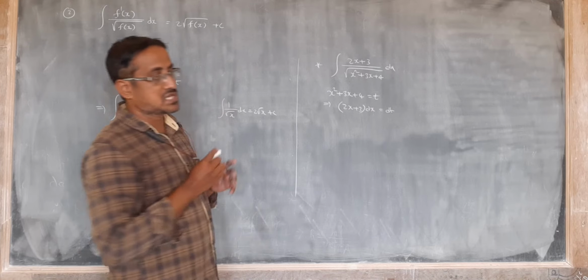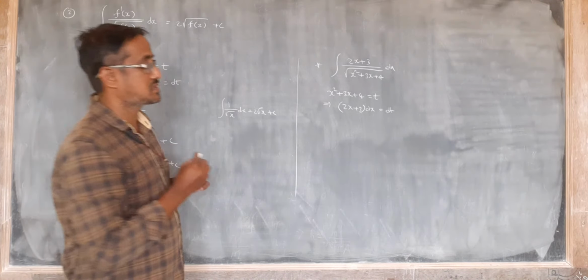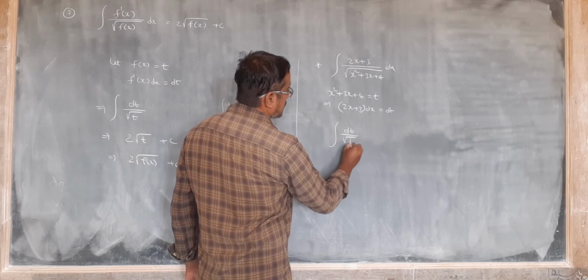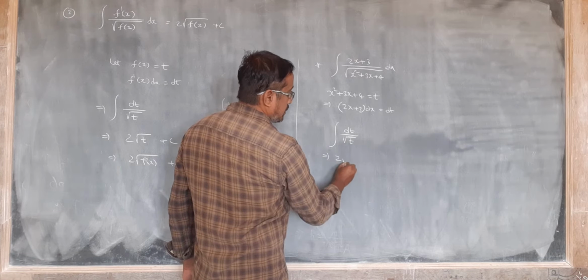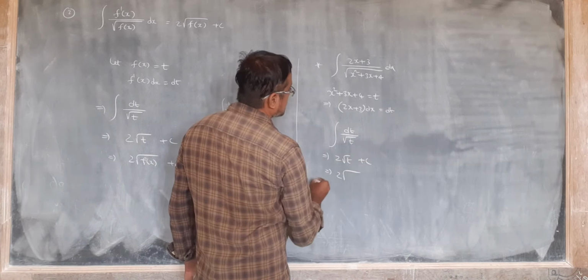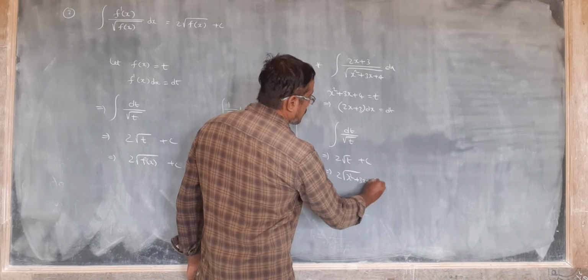So this is of the form integral f dash x by root f of x. You will get this as dt by root t. Result will be 2 root t plus c. So 2 root, what is t here? x square plus 3x plus 4 plus c.